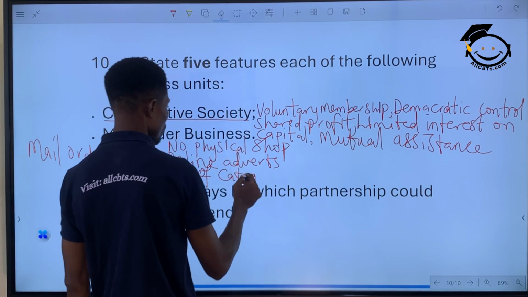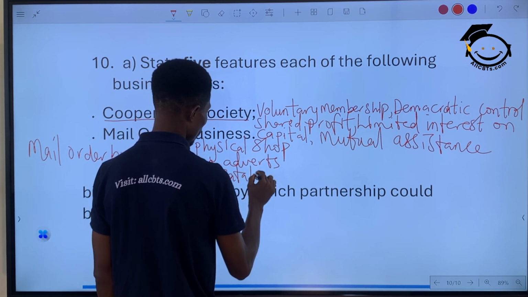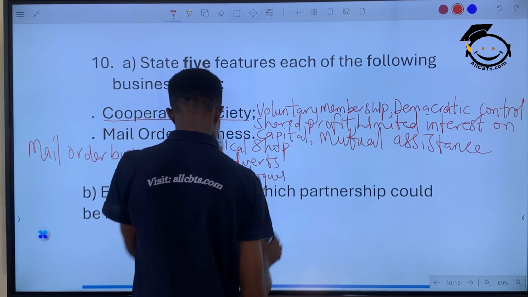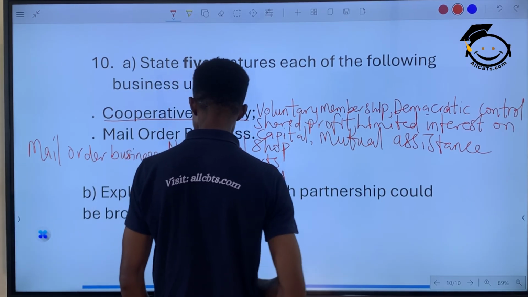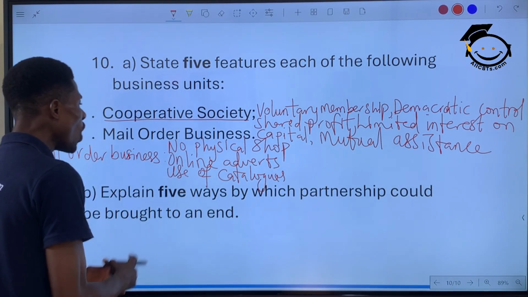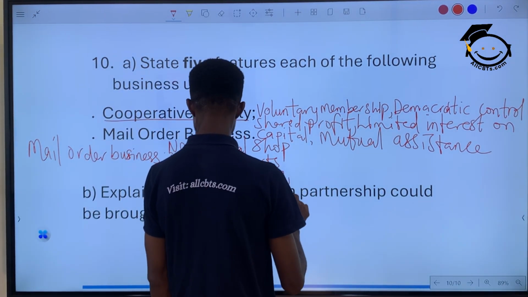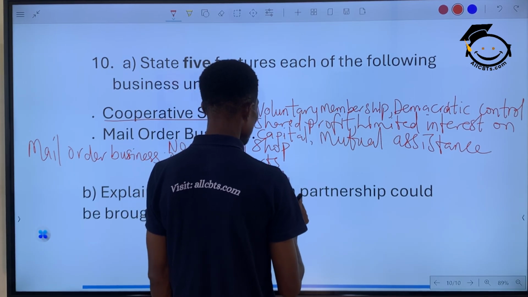Then we have no physical shop, online adverts, use of catalogs.